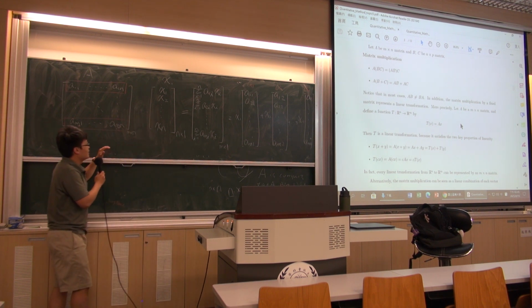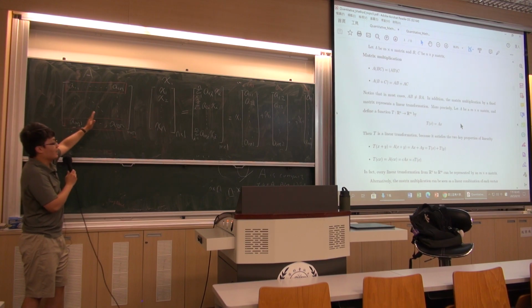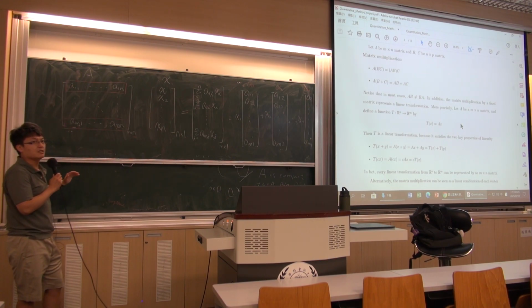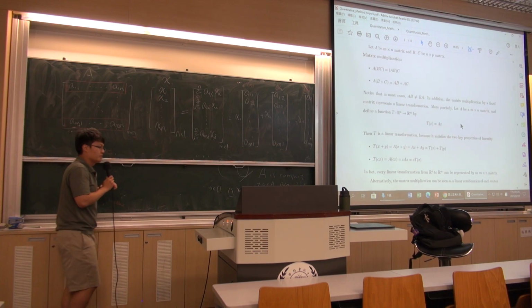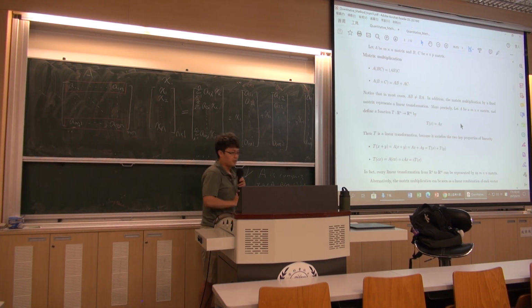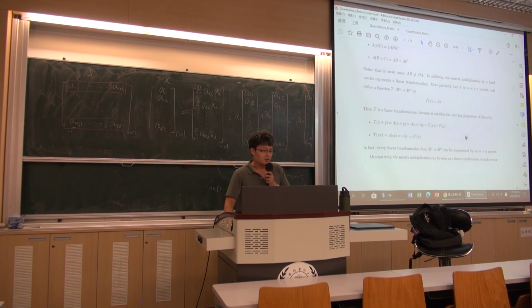So this is actually a linear combination of all the column vectors in matrix A. And because we already showed that linear combination is a linear transformation, it satisfies these two properties.